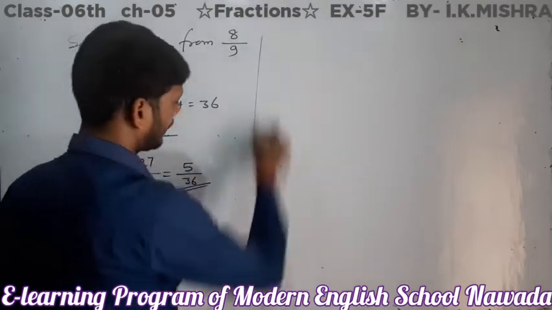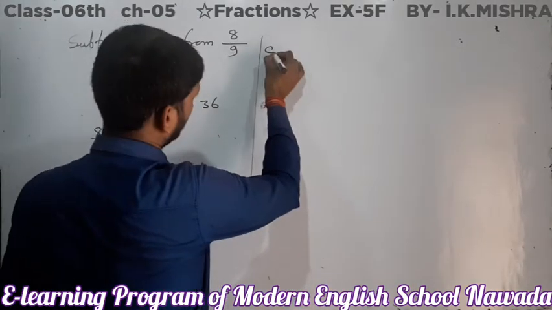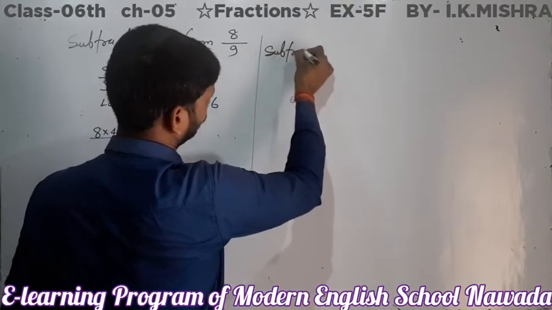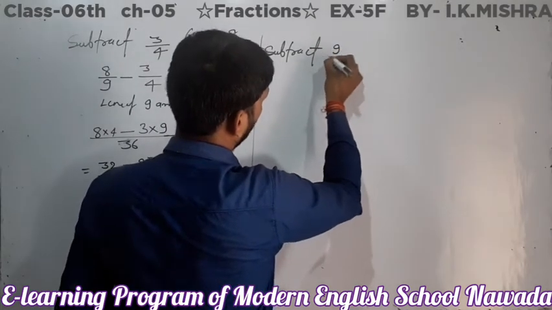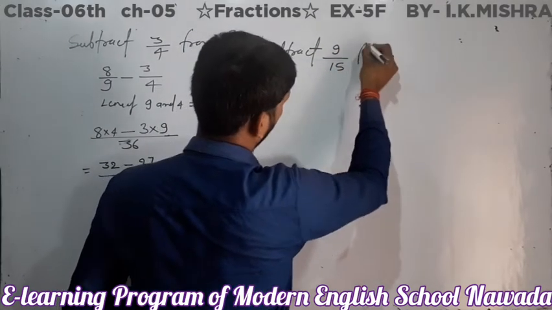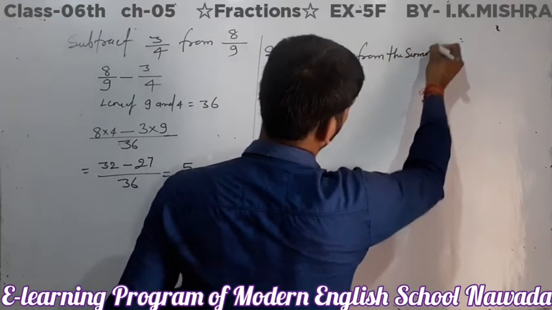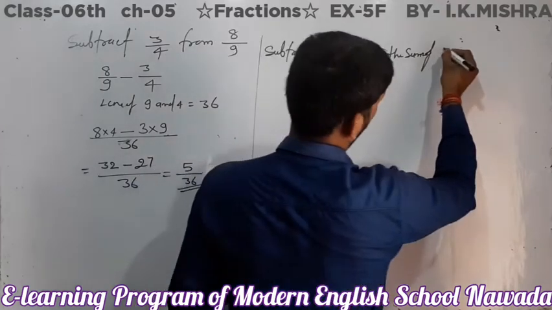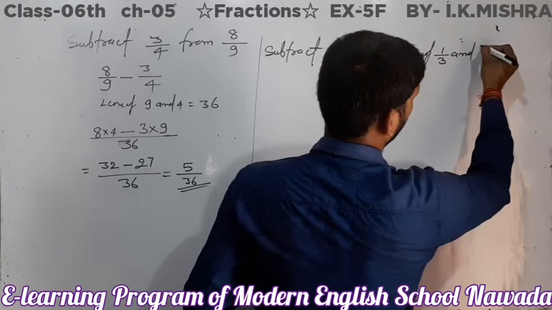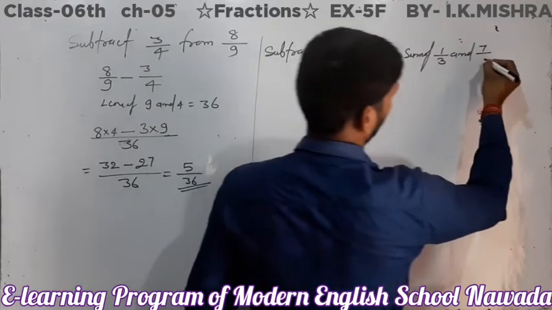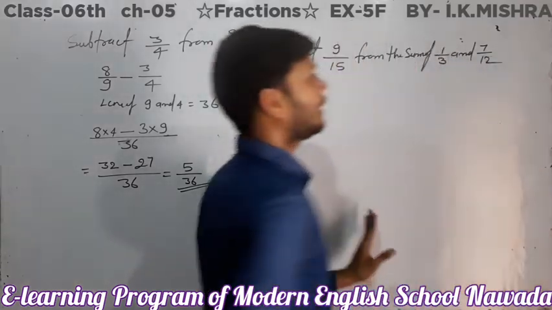Similarly, students, suppose I write another question. Subtract 9 by 15 from the sum of 1 by 3 and 7 by 12.